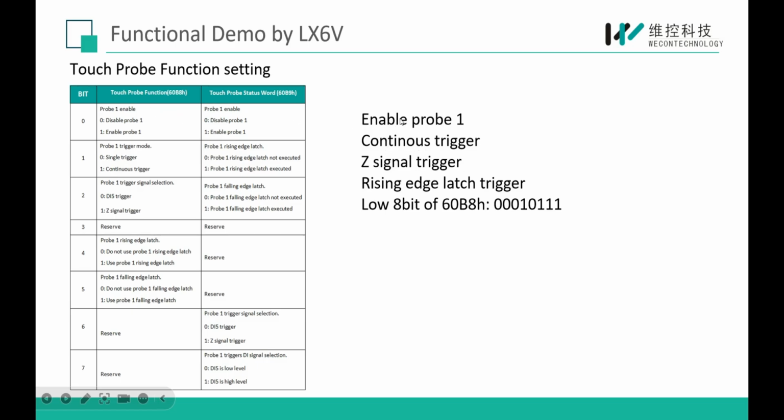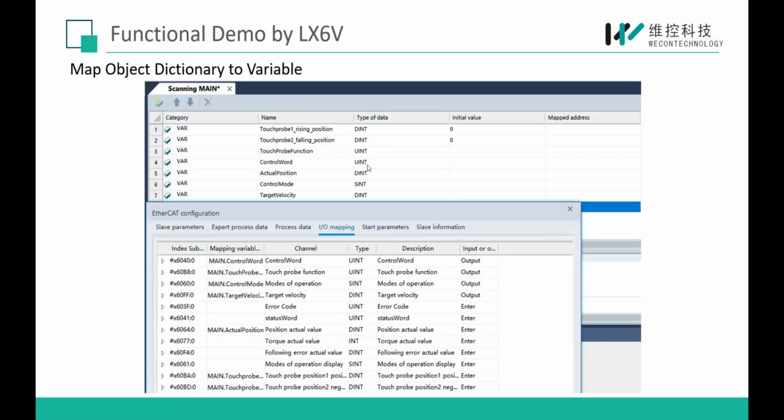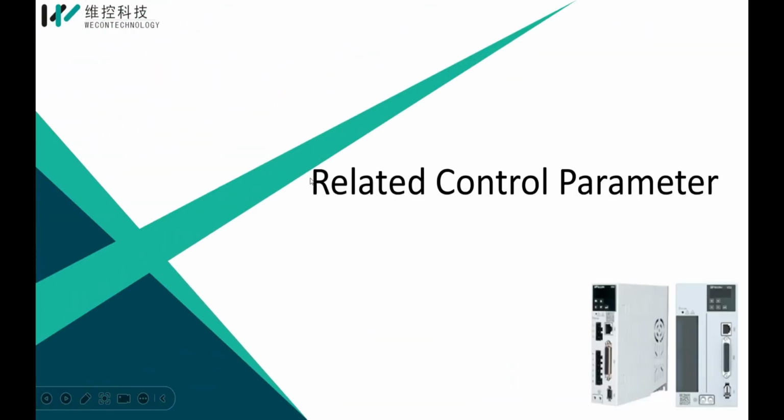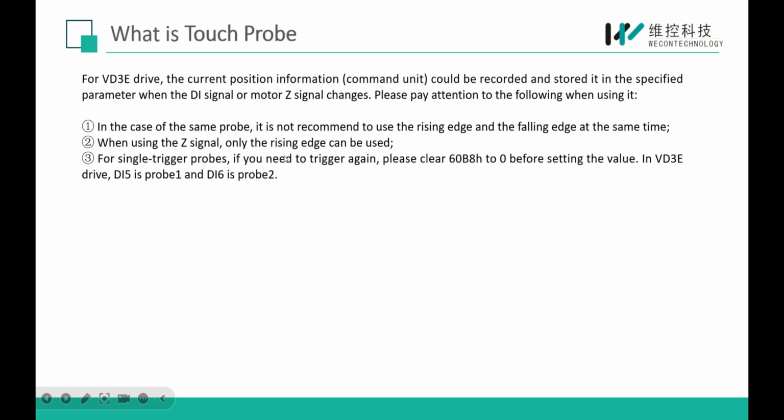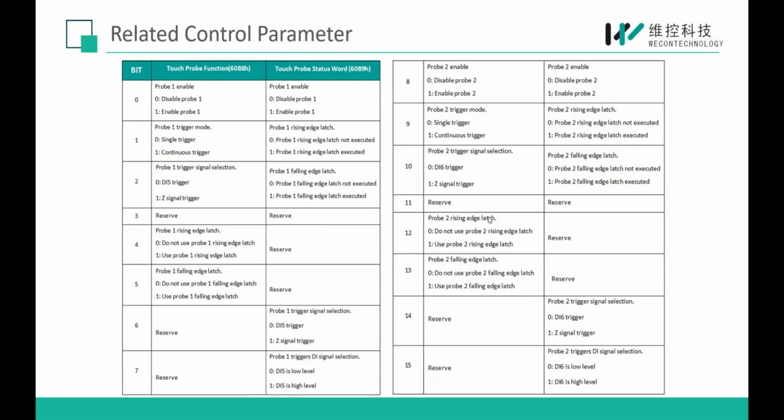First, we need to enable probe 1 and use continuous trigger, and use the Z signal to trigger to record the position. And if you want to use the Z signal, you can only select the rising edge to record the parameter.